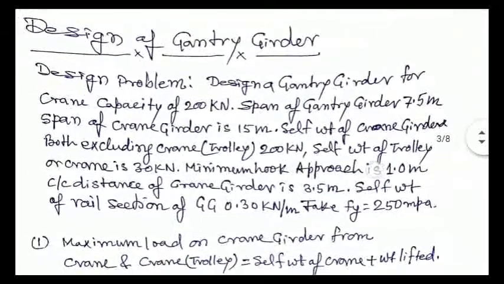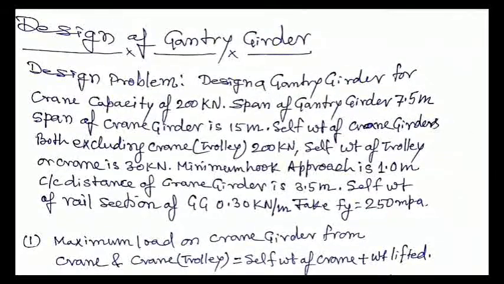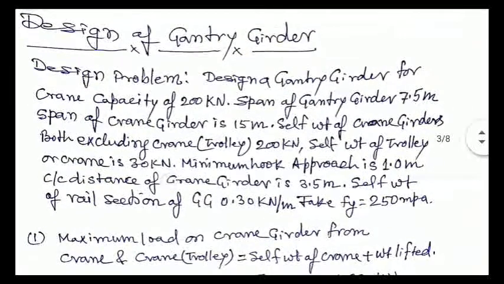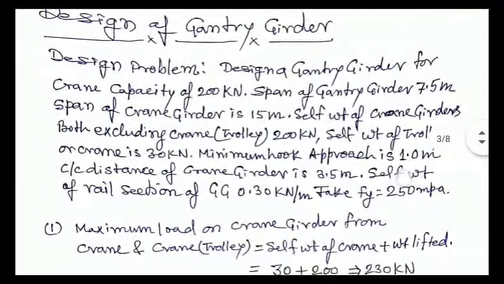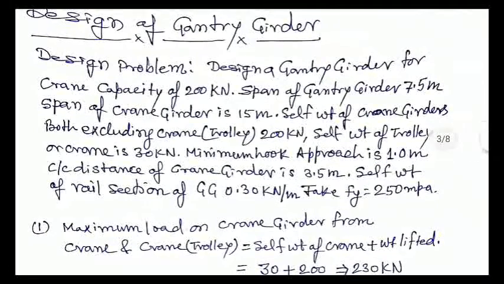Self weight of trolley or crane is 30 kilonewton, and minimum hook approach is 1 meter, and CC distance of the crane girder is 3.5 meter, means both crane girder are 3.5 meter apart from each other, or the reactions from crane girder to gantry girder will be 3.5 meter apart.